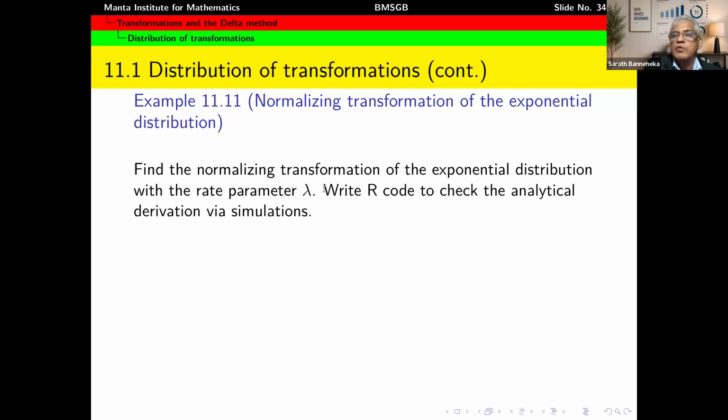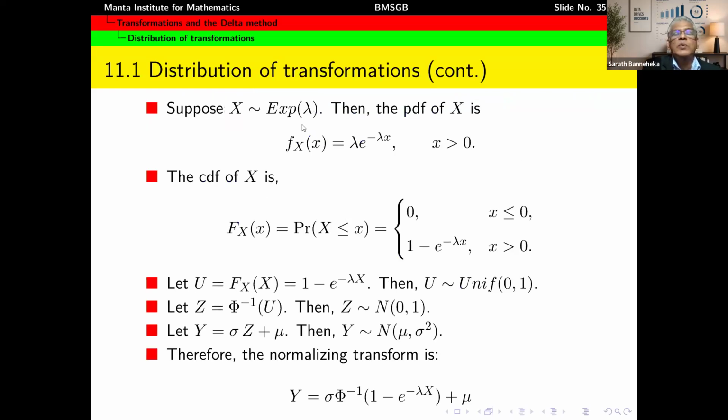This problem was taken from the textbook. Assuming that you have some exponential data coming from an exponential distribution with parameter lambda, write a code to do the previous steps, to check the analytical derivation via simulations. Suppose X has an exponential distribution with parameter lambda.